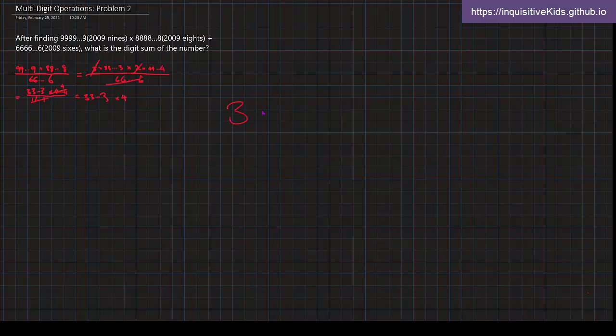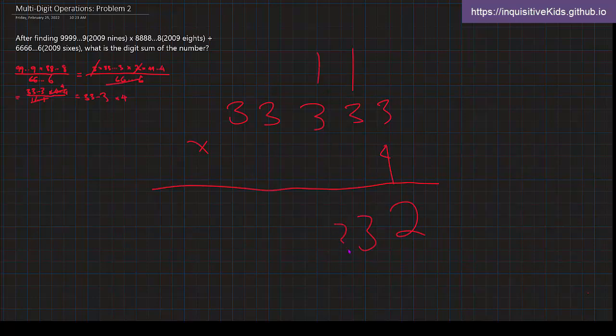So what I'm going to do is try 5 3s instead of 2009 3s times 4, and see what the answer to this is. So I get 4 3s, and at the very beginning a 1, at the very end a 2.